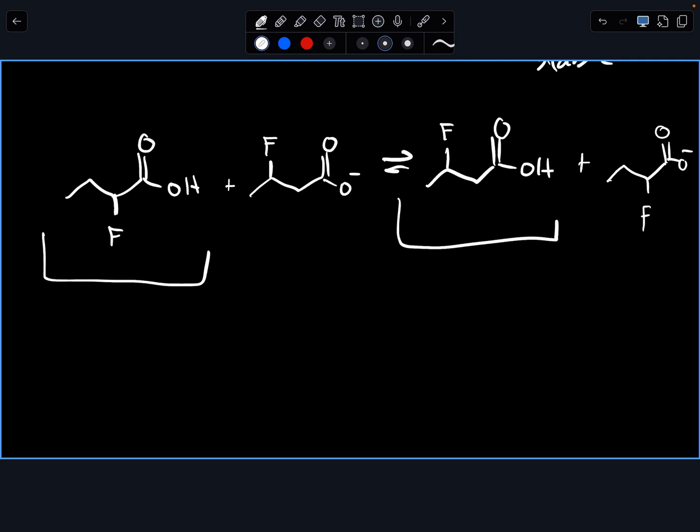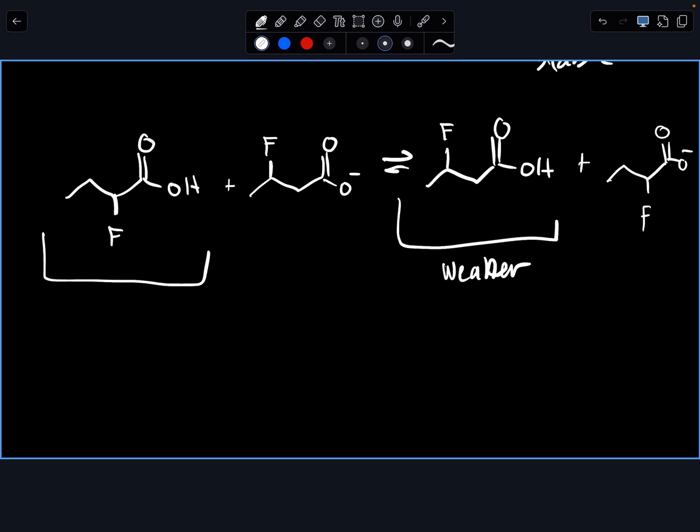So, which side is the weaker acid on? The right. So this is weaker. They're going to be close, but it's going to be a little weaker. Which side is the weaker base on? Also the right.